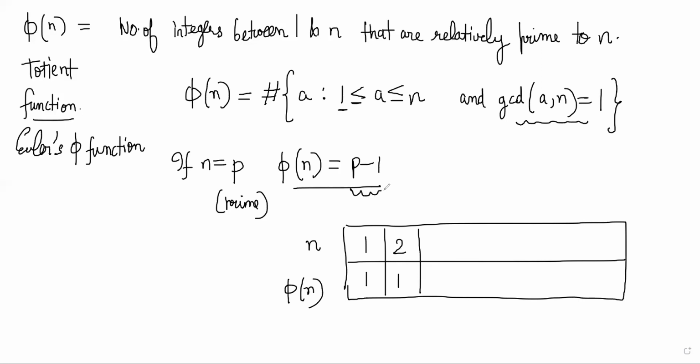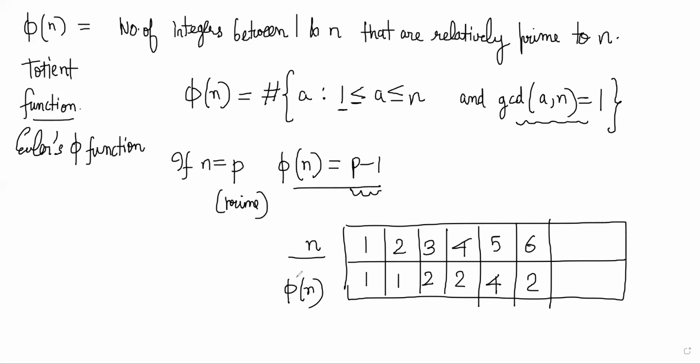When it is 3, it will be 2. When it is 4, it will be 1 and 3, so 2. For 5, it will be 4. For 6, it will be 1 and 5, so 2. So you can figure out what N and phi of N is.